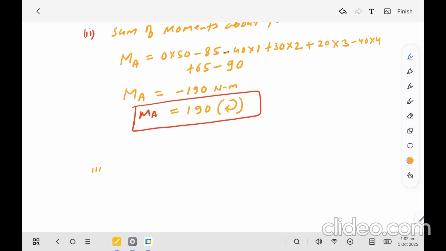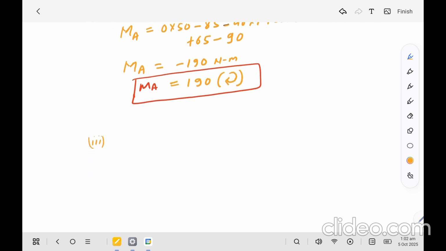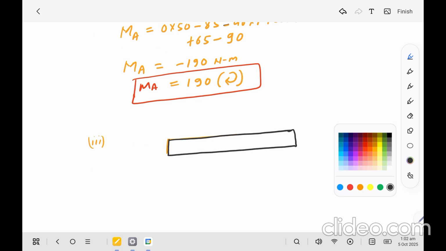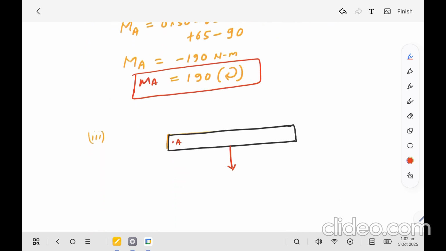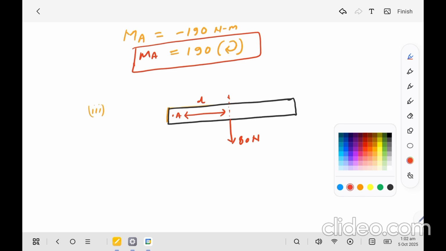Now let's say this is the case. Okay, so point A, and then the resultant of magnitude 80, so this negative side, so let's say this is the 80 Newton, and the distance of this resultant from point A is distance D. Okay, so we can write the moments.